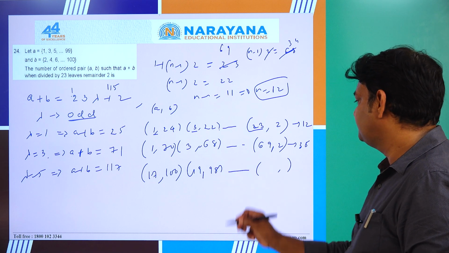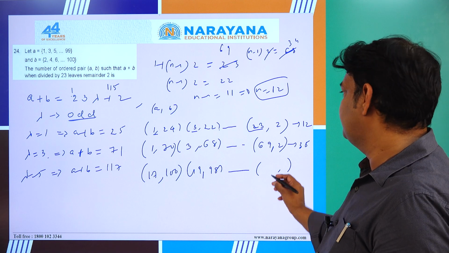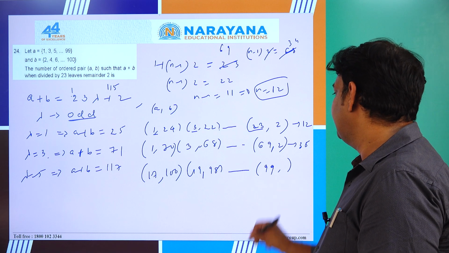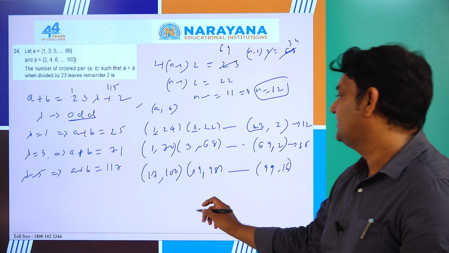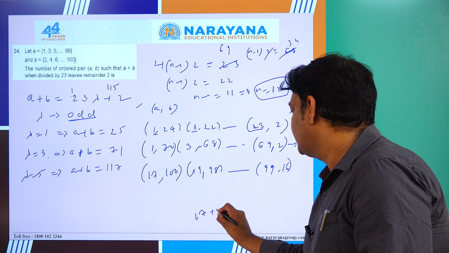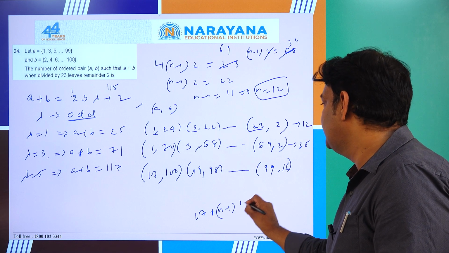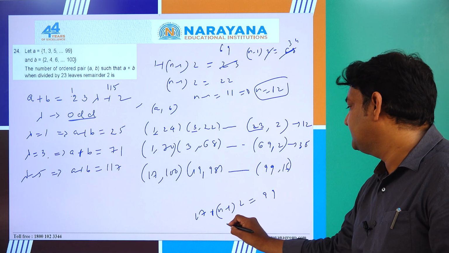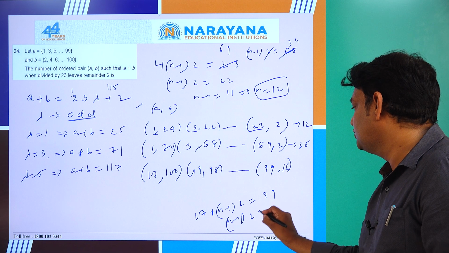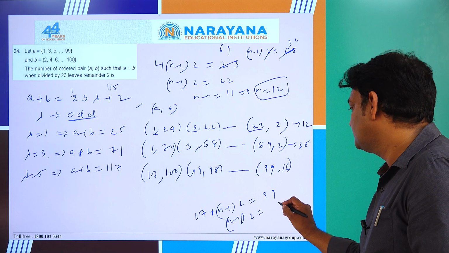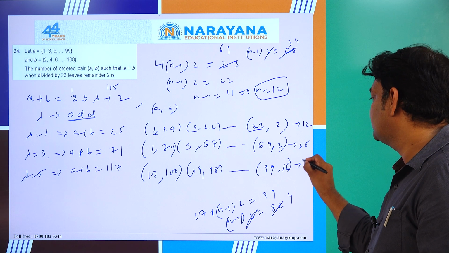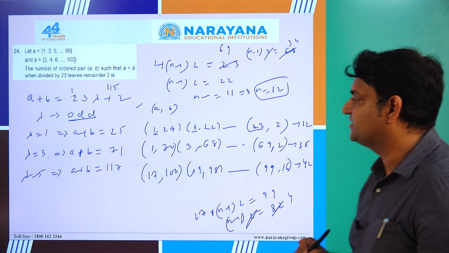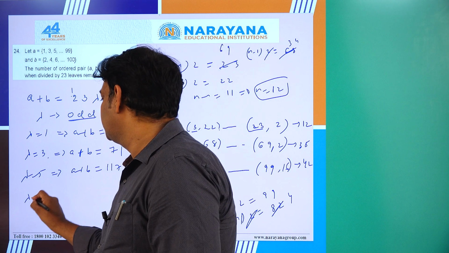At last, the maximum value of A is 99, then B should be 18. So a plus (n minus 1) into d is 99, and here 42 possibilities came.